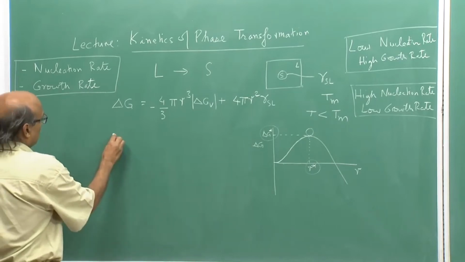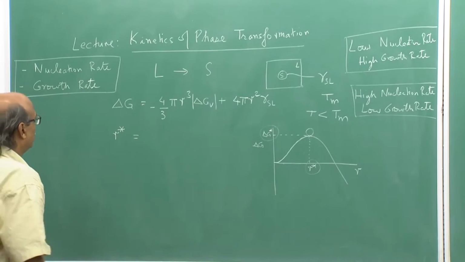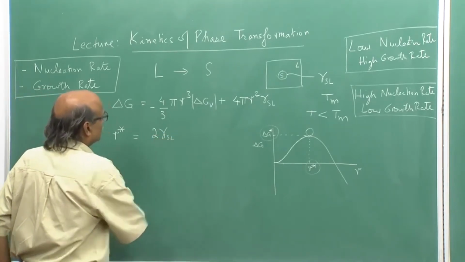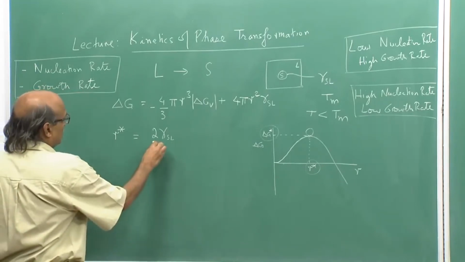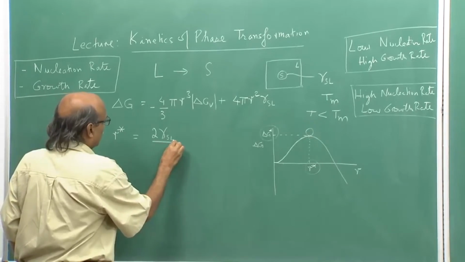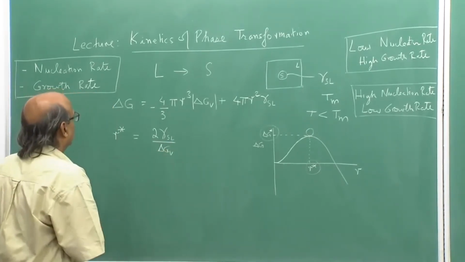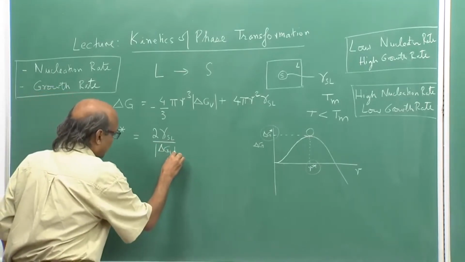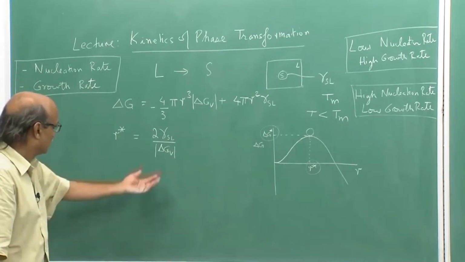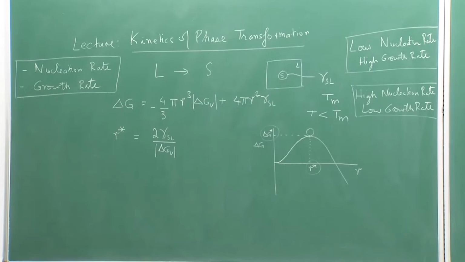In fact, you have determined R star as 2 times gamma SL upon delta GV, and I will put this in absolute terms to indicate that I will only take the absolute value for this to get me R star.